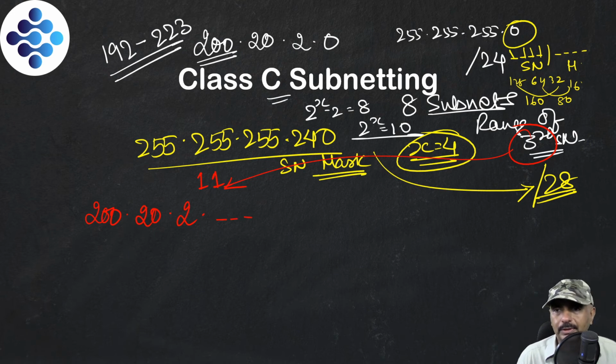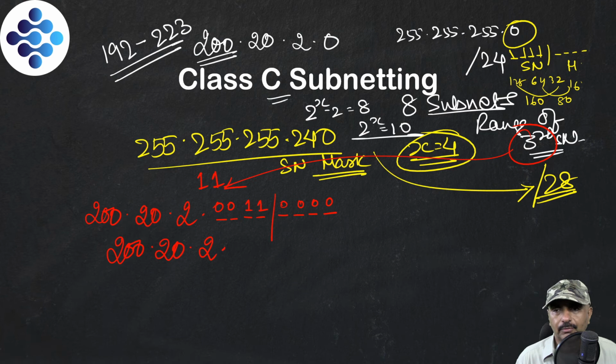And 1 2 3 4 5 6 7 8 bits, borrowed 4. And we want the range of the third, so its binary is 1 1. The rest we can put 0. So what will be the total calculation?